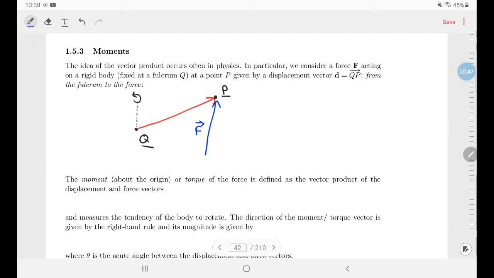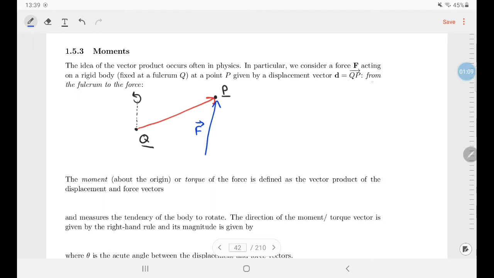Okay, so consider the force acting on a rigid body. The red bit there is actually rigid, so the red arrow is kind of rotating around. But we apply a force at P. Where is P? It's at a certain displacement from the fulcrum.